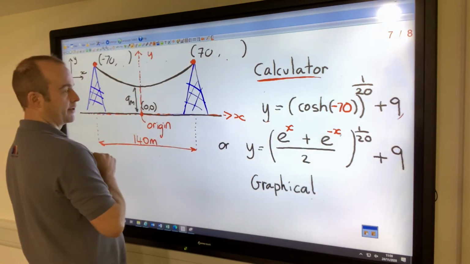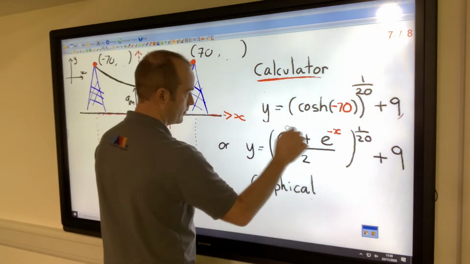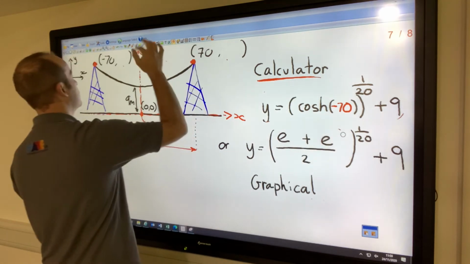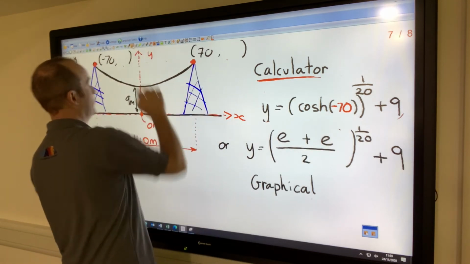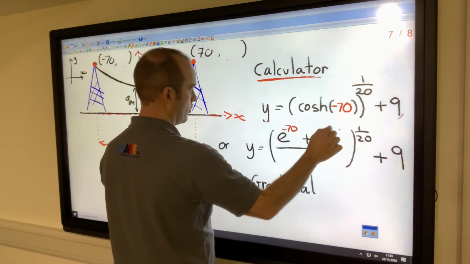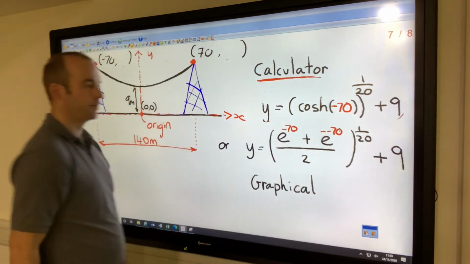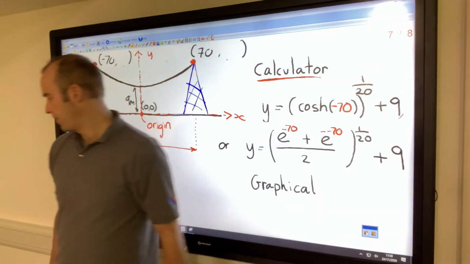The value of x is minus 70 in this case. Minus 70 there, plus 70. So type these into the calculator, I get an answer.